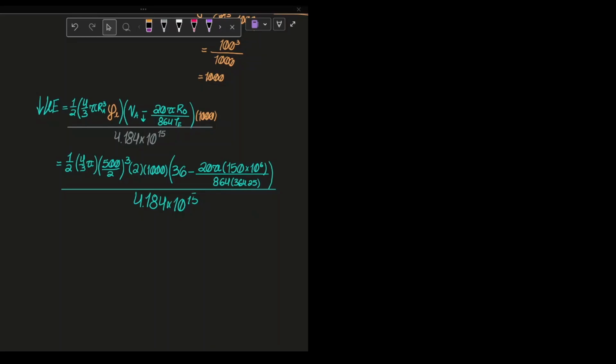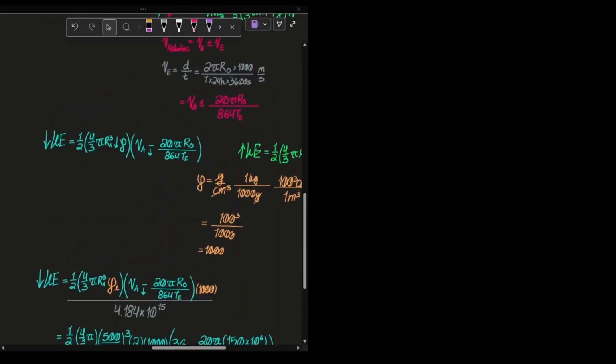Times 4 over 3 pi times 500 over 2 to the power of 3 times 2 times 1,000 times 36 minus 2 pi 150 times 10 to the 6 divided by, we'll do the full conversion thing actually.